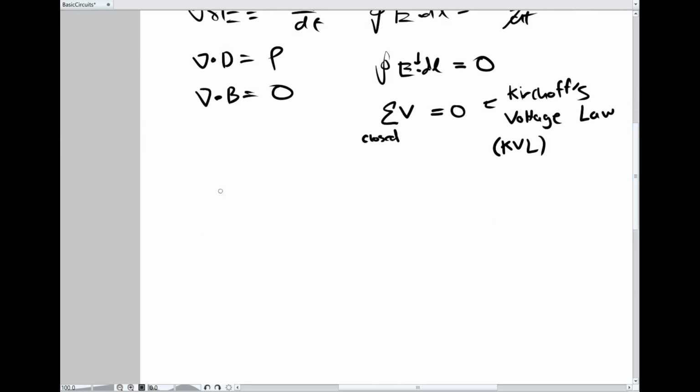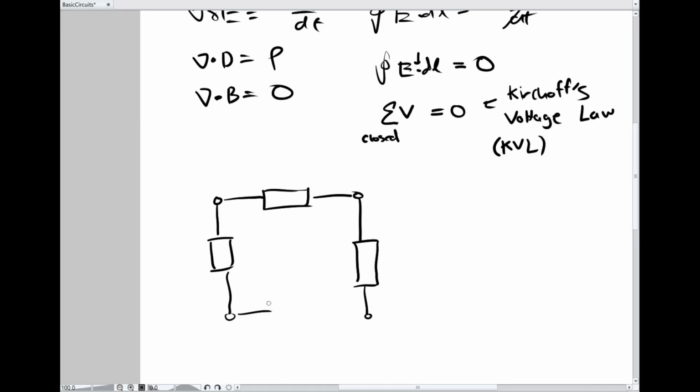So this means that if I have a closed loop of circuit elements, and this closed loop doesn't have to be just by itself, it could be a closed loop as part of a larger network, and it can contain any number of elements, I'm just drawing 4 for simplicity, the sum of the voltages across all of these elements is 0.